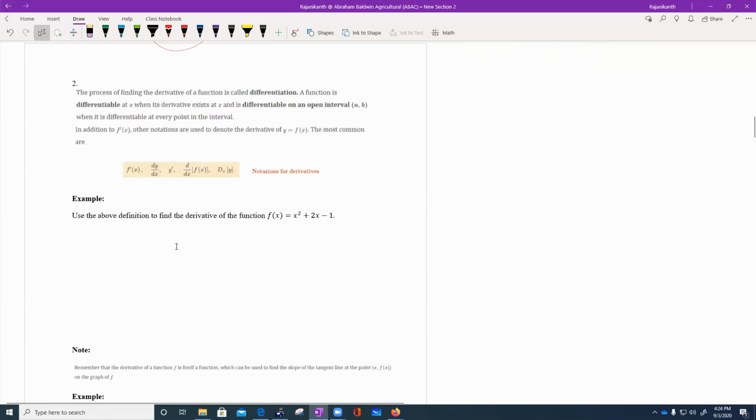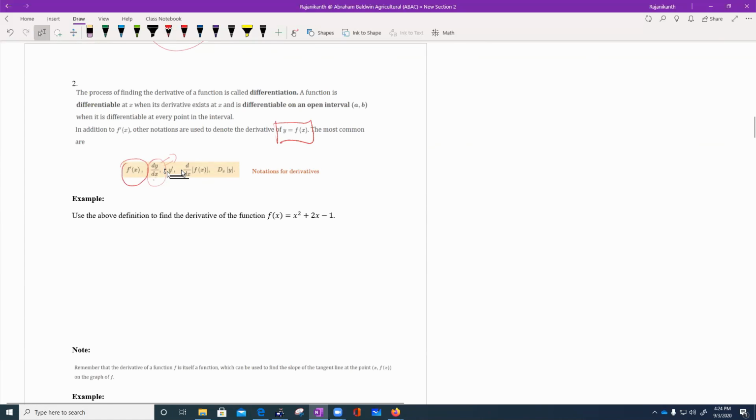Now there are a couple of ways to express the derivatives. The most common notation is f prime x. If the function y is given by f of x, the derivative of f could be written as f prime x, or some books use dy over dx. That means you are taking the derivative of the function y with respect to x.